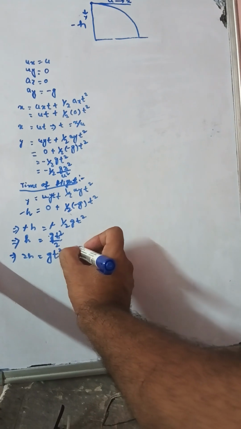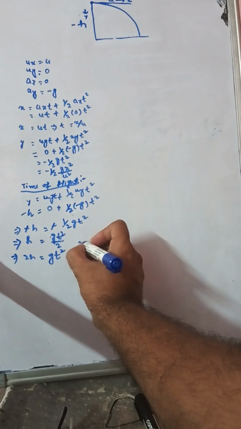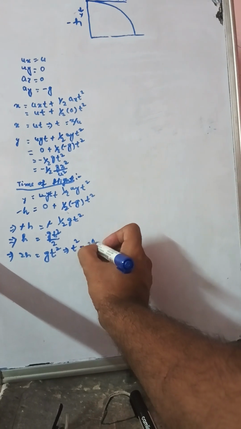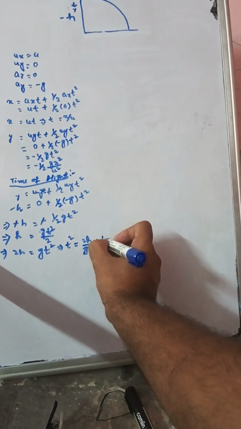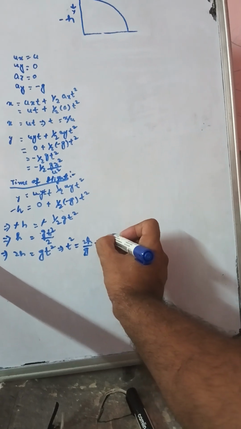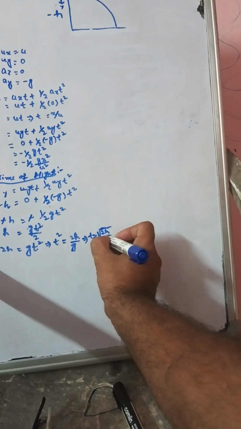This implies that t square is equal to 2h by g, so t is equal to square root of 2h by g.